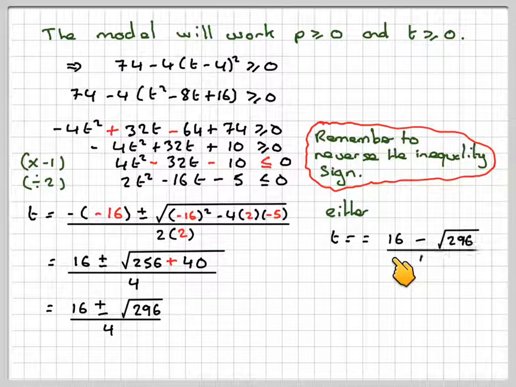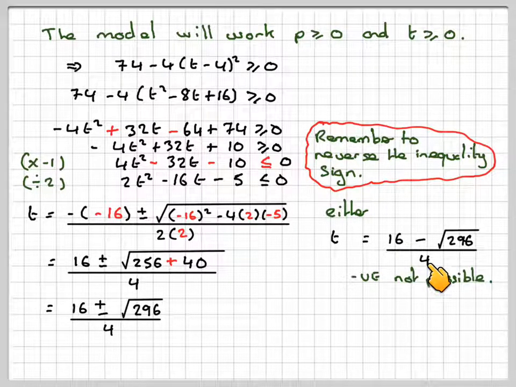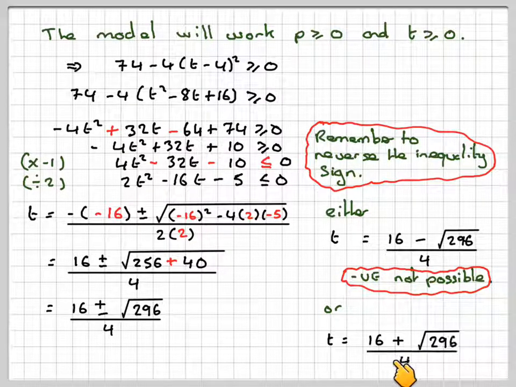So either T is equal to (16 − √296)/4. Well, that's not possible because this is actually negative. We can't go backwards in time. Or T is equal to (16 + √296)/4. This is possible because it's positive.